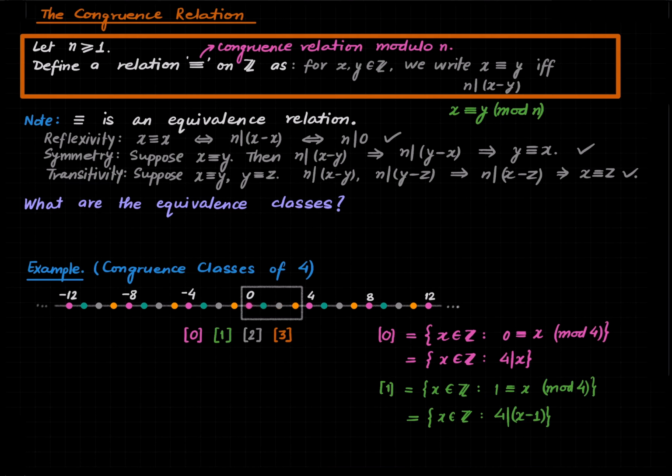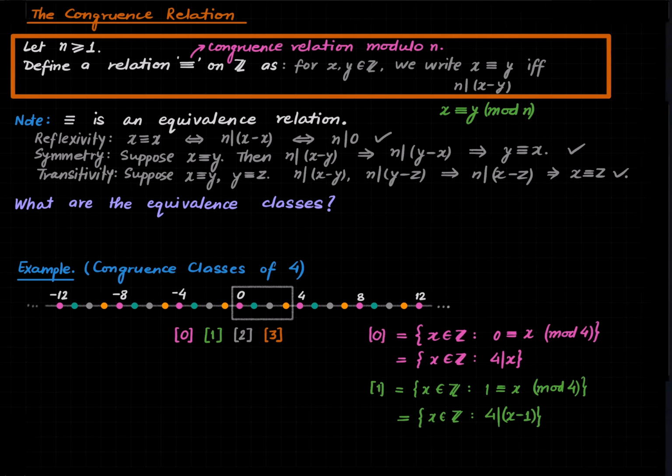All the possible remainders that you can leave when you divide something by 4, those are a set of representatives for all the equivalence classes. Right? And I would encourage you to pause the video and try to describe the equivalence classes for any n. Try to do that. It's a very, very similar discussion. Okay, let's move on.